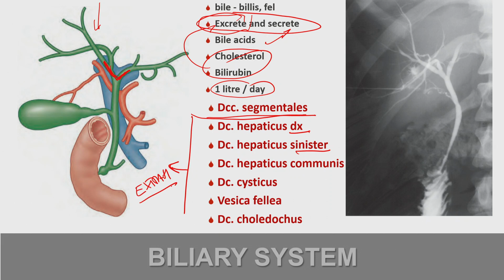Extrahepatic ducts are outside the liver, and they form the way which is leading bile through the communication between the gastrointestinal tube and liver, and this communication is called the gastroduodenal ligament, in which we have all those structures of the porta triad also. Portal vein, the stem, and proper hepatic artery, the stem, and the bile duct.